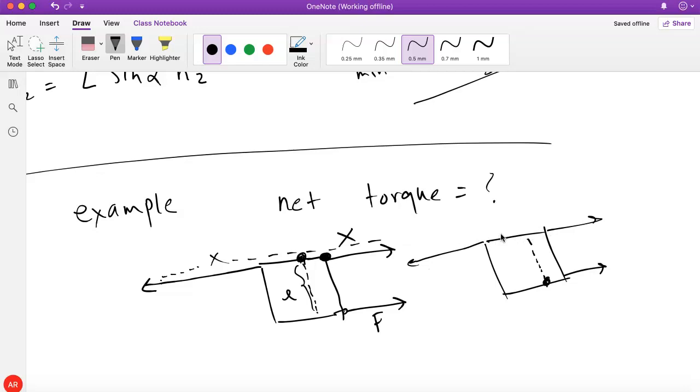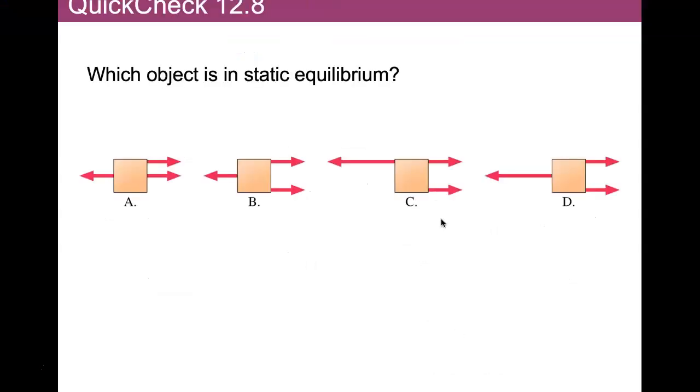This is a bigger force, so it will give me a net torque this way. Okay. So if there is a correct answer, it has to be D.